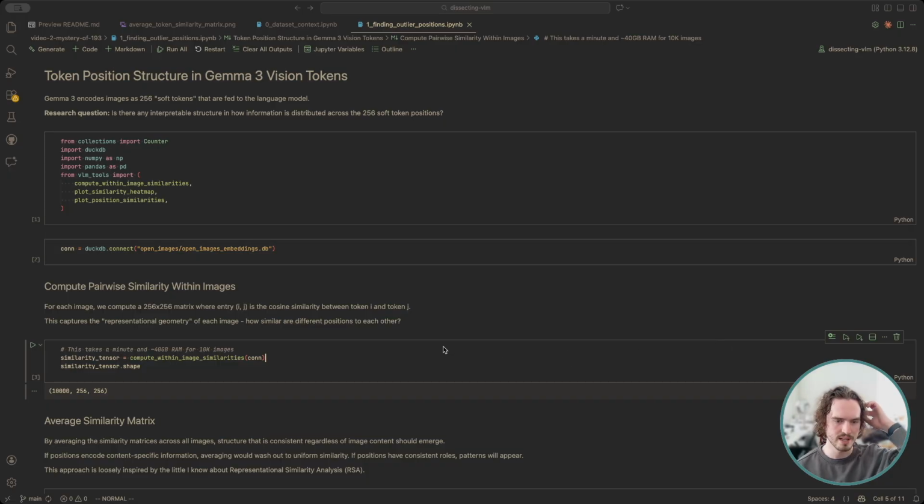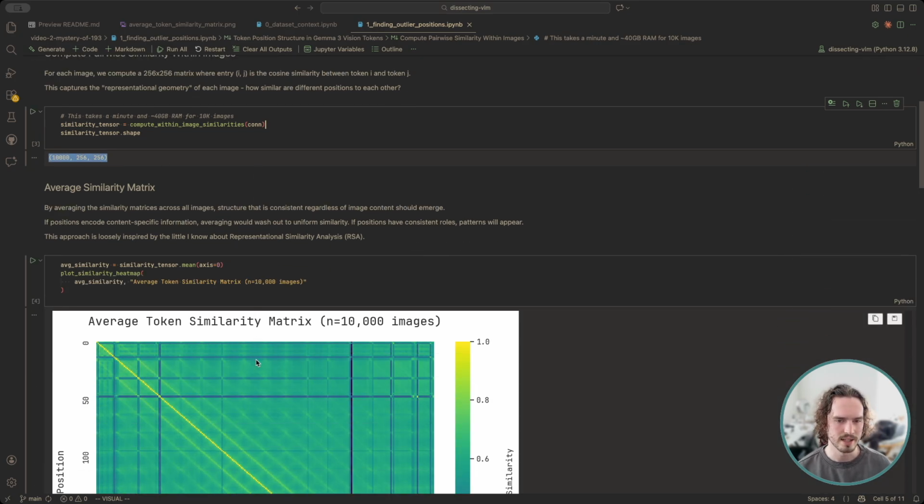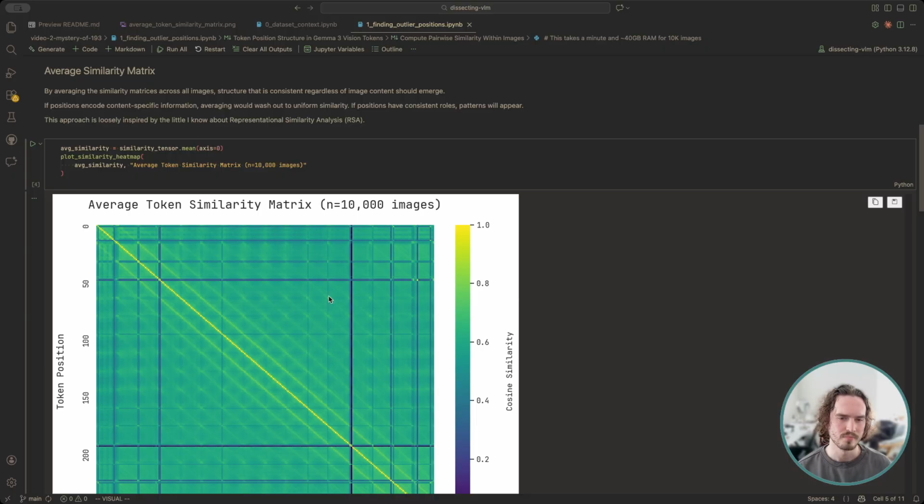I ran that for our 10,000 images, and that gives us our similarity tensor of this dimension. Then I figured, if we average across our 10,000, then if there's any structure that is not content specific, we should see it emerge.